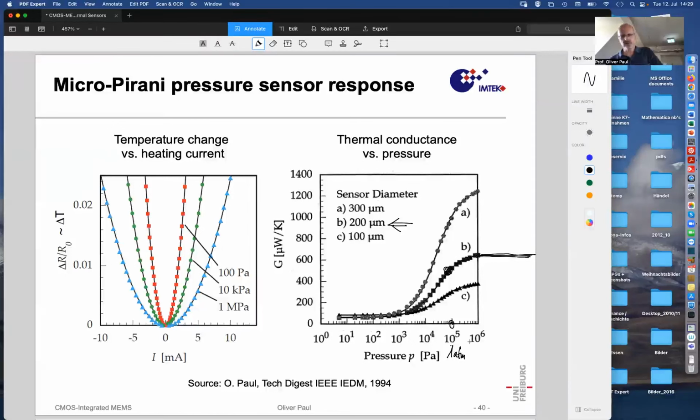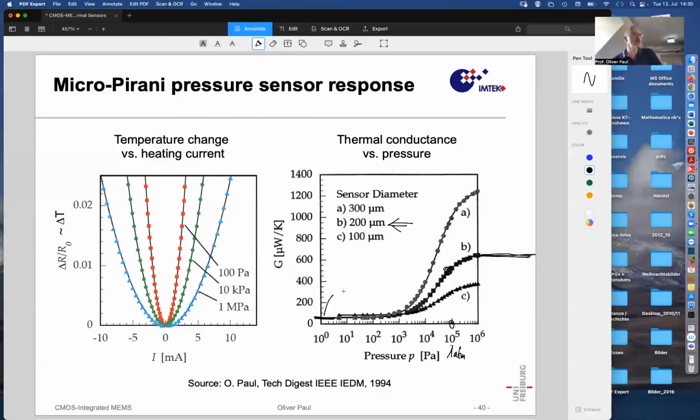Now, the pressure is on a logarithmic scale, the conduction is on a linear scale, and what you also see is that it saturates at some value. So let's say this is the lower saturation level, and what does that correspond to? That is the limit where the gas doesn't conduct anymore at all.